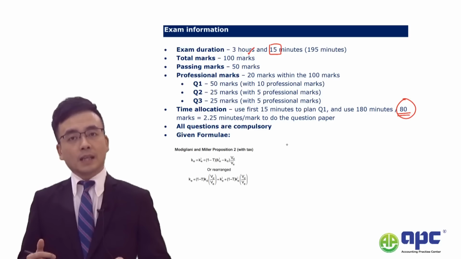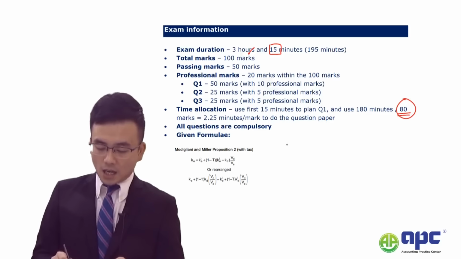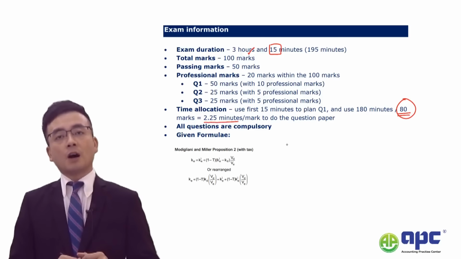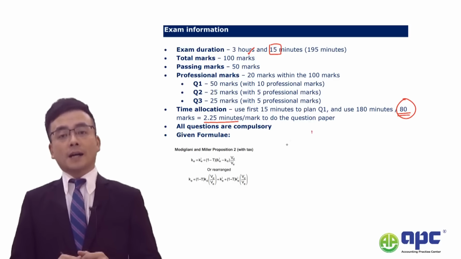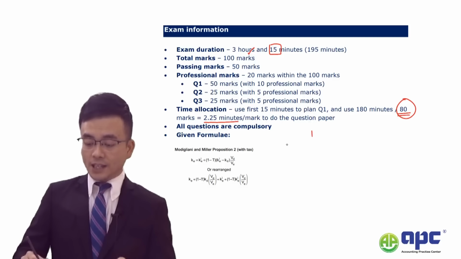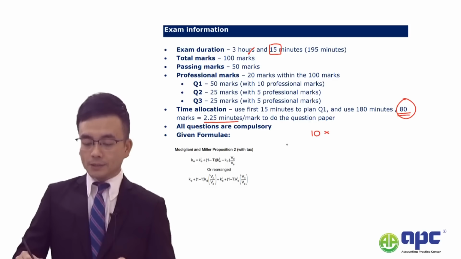So when you are planning how many minutes we need to spend on each question, I would use 2.25 minutes per mark. Which means that part A of, for example, 10 technical marks, how many minutes are there?